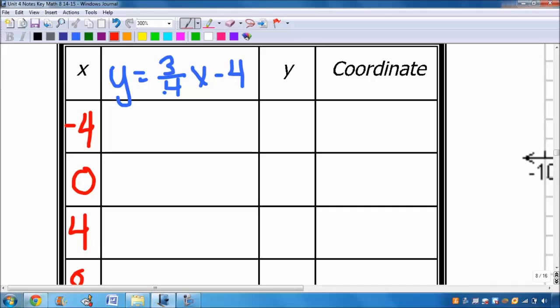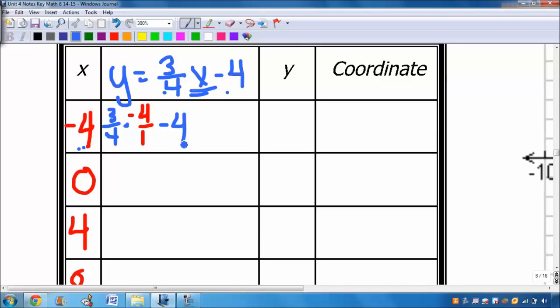So every time I see an x, I'm going to replace it with whatever this number is here, which is -4 in the first example. So I'm going to write down right here 3/4 times -4/1, because in order to multiply a fraction, I need another fraction right here. So this is technically -4/1, and then I'm just going to copy the rest of the problem down, which is -4.